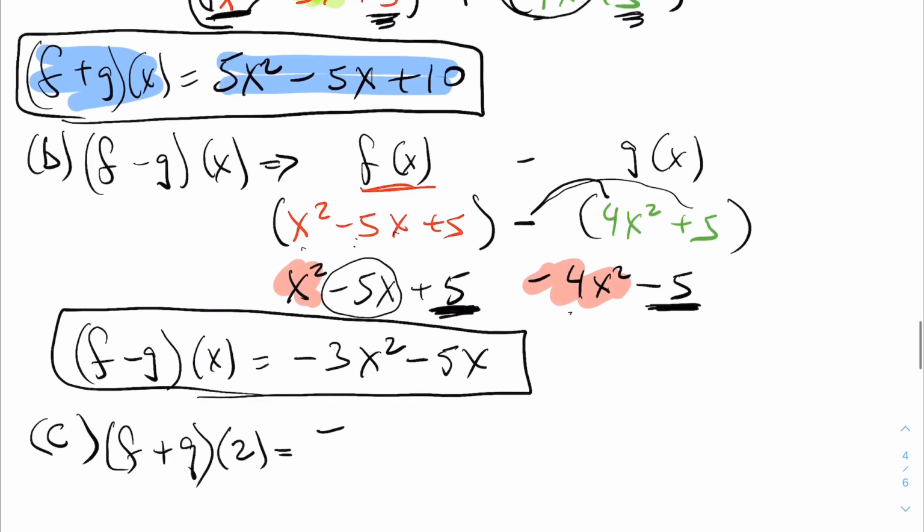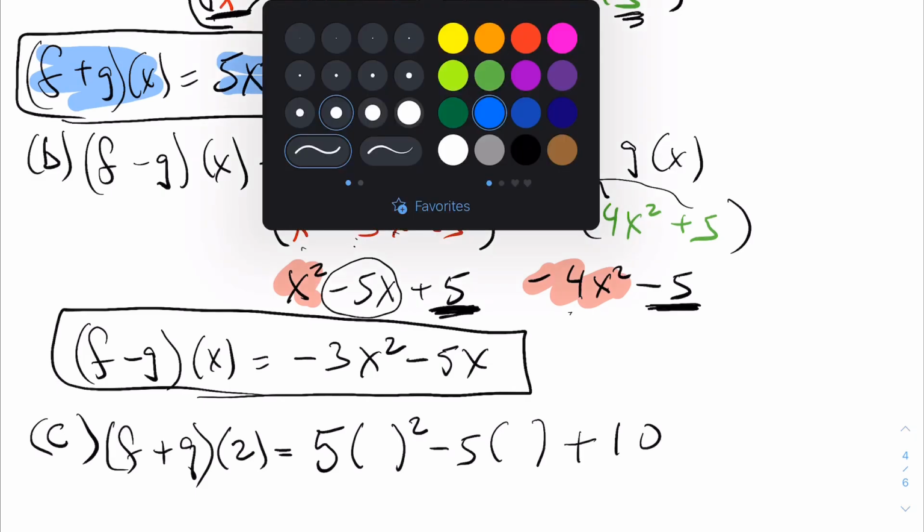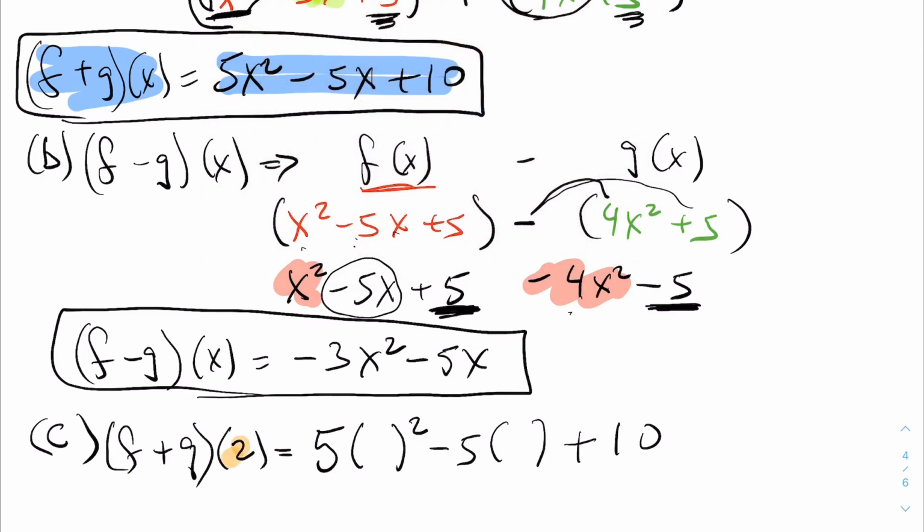We have f plus g at 2. So this is just saying, I'm copying this blue down. It's 5 times x squared minus 5 times x plus 10. And what is our x input this time? Well, it's just 2. So that 2 needs to go and replace those x's. So 2 goes there and 2 goes there.